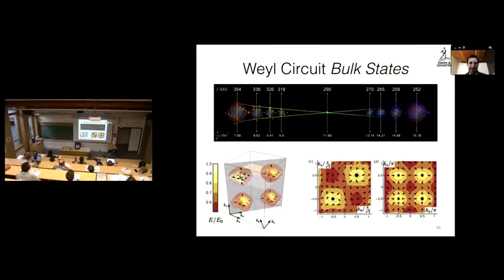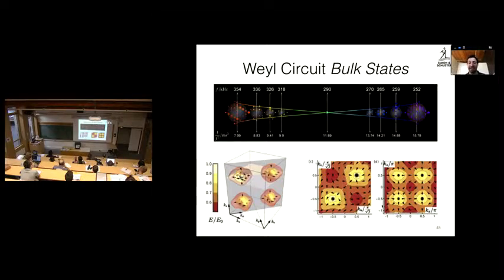So anyway, you can do this, and then you can actually measure the spectrum of this thing. This is real data, and you can see that when you look versus frequency, you get eigenstates that form spheres that get smaller and smaller as you approach the energy of the Weyl point, and then grow again on the other side.